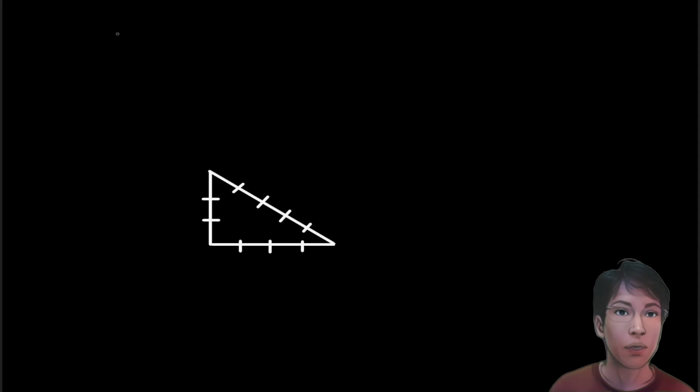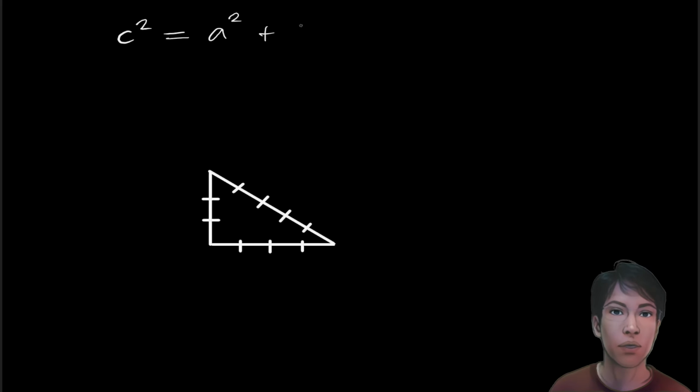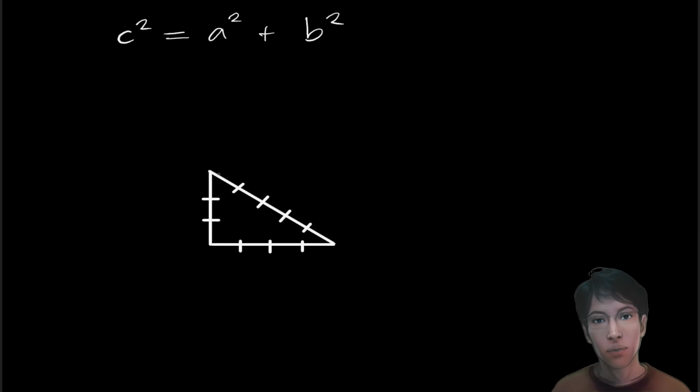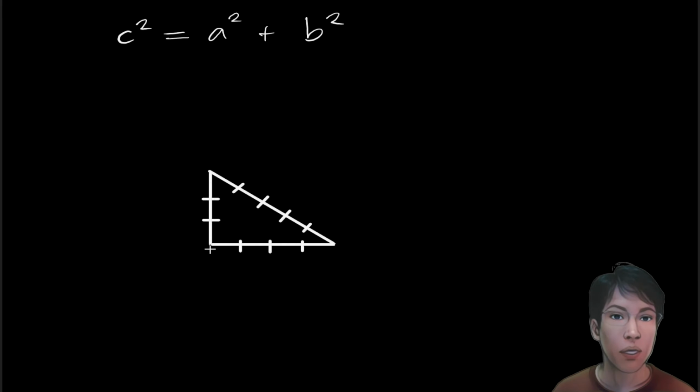The Pythagorean theorem states that the square of the hypotenuse is equivalent to the sum of the squares of the two sides of a right triangle. They say that the Pythagorean theorem is the most proven theorem.